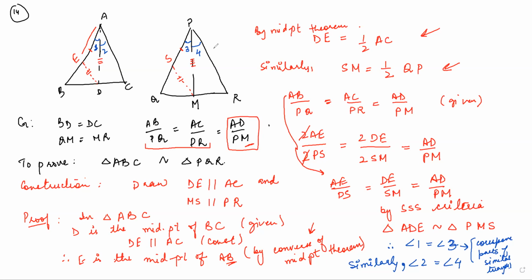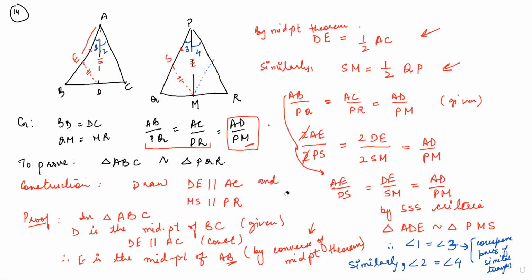So I will not do the proof again. I can write similarly angle 2 is equal to angle 4. If you do a construction on this side, you will make a line parallel to PQ, and then again you will use midpoint and all things. So you will get angle 2 is equal to angle 4. Clear? So we can write similarly.